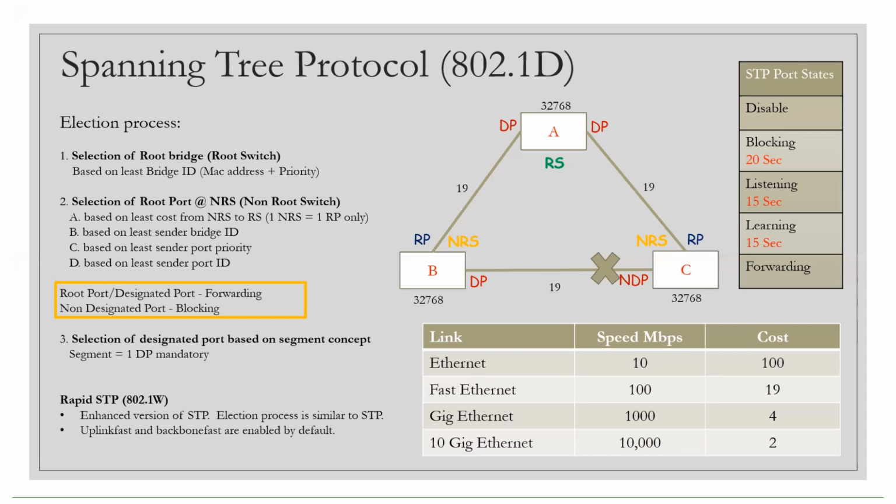In a redundant topology, when there are two links, one in standby and one active, once the active fails, the standby will come up to the active state in 50 seconds. Why? Because from blocking to forwarding, we need 20 plus 15 plus 15, which is 50 seconds.